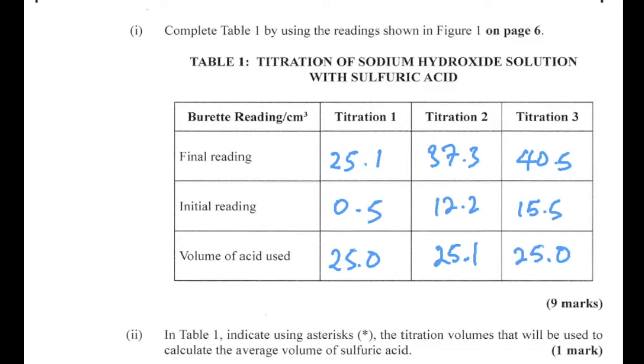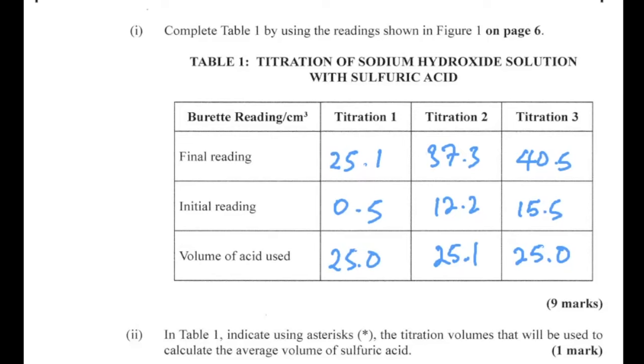Now, for part 2, we're to indicate using an asterisk the titration volumes that will be used to calculate the average volume of sulfuric acid. So here, if you work with the 25, they'll accept it. However, for analytical work, we want consecutive readings that don't differ by more than 0.1.